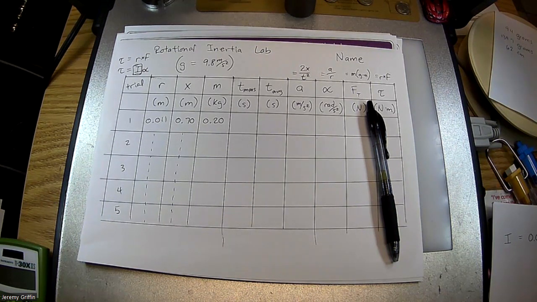So this first one takes a while, and you've got to stop it as soon as it hits the floor. It is accelerating. Kind of hard to tell, but it is speeding up, spinning. And stop.